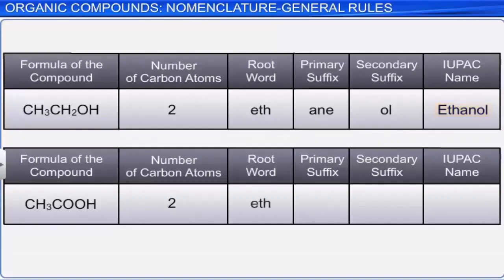A root word eth, primary suffix ane, and secondary suffix oic acid together form the IUPAC name ethanoic acid. If a functional group is present, then the e of the primary suffix is replaced by the secondary suffix.